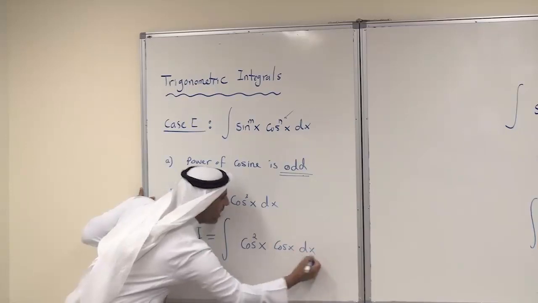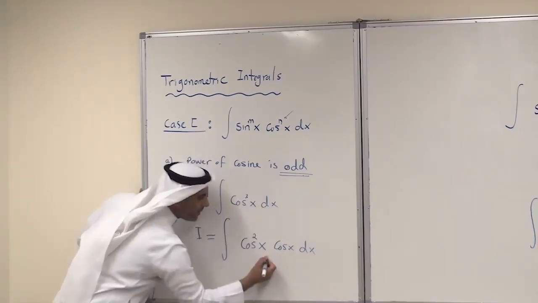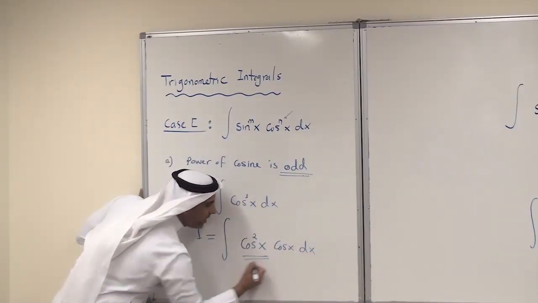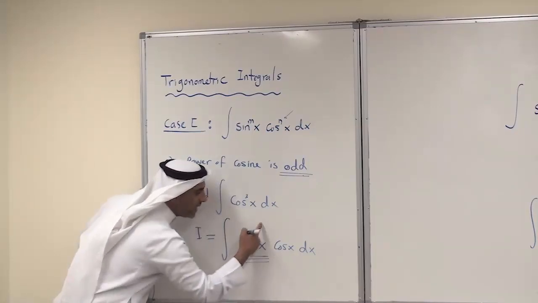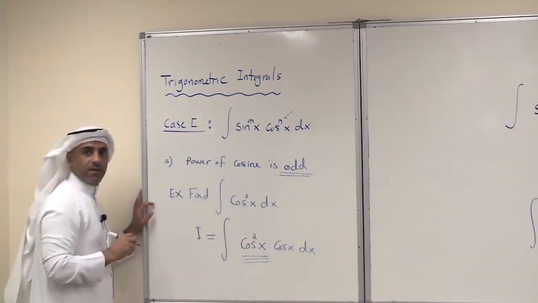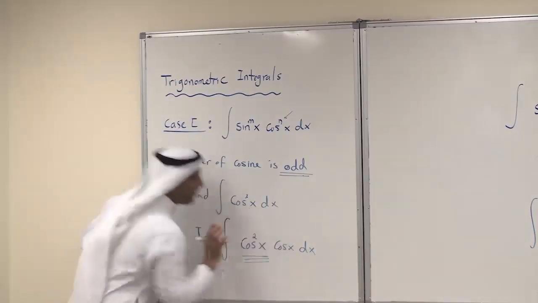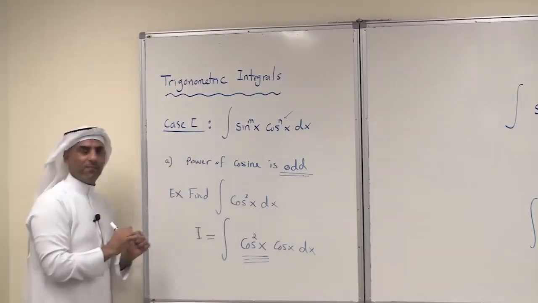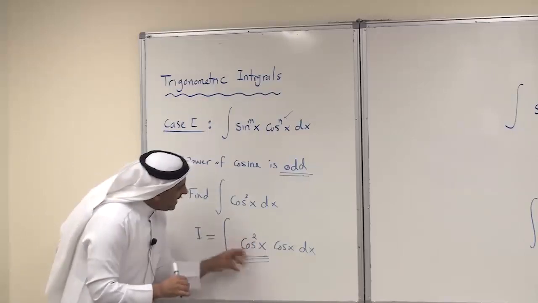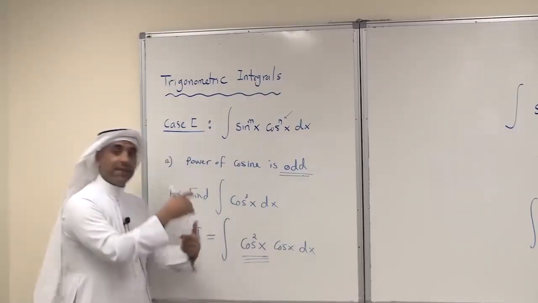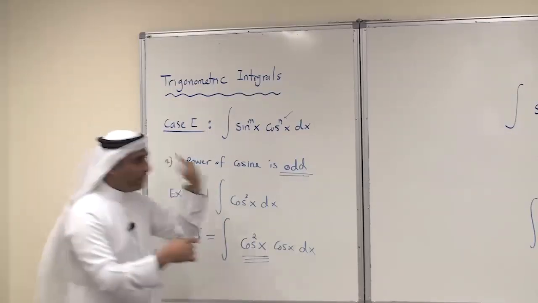Since I have an odd power, the remaining term will be a cosine function raised to an even power, as we said. Now, what we did here is we just separated cosine of x. What is the next step now? Whatever I get here as an even power of cosine, I can rewrite it in terms of sine.